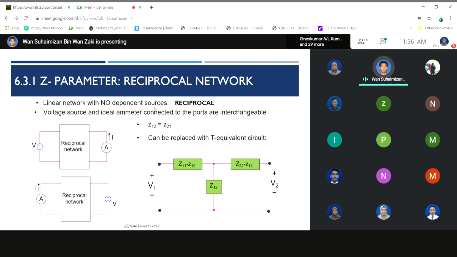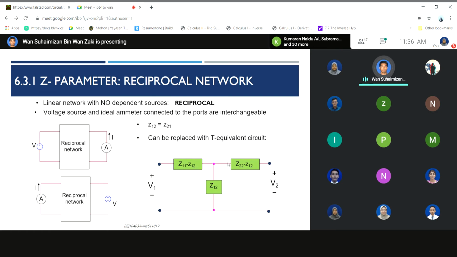So you can represent the model for the Z parameter as a simple model like this. We have the impedance Z11 minus Z12, right? Of the 4 parameters of Z, if you do Z11 minus Z12, you get one value. So this is the value for Z11 minus Z12.